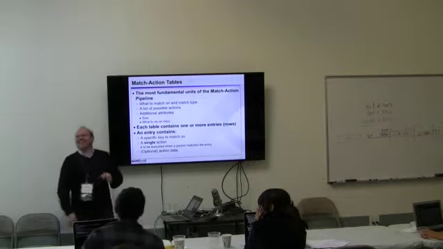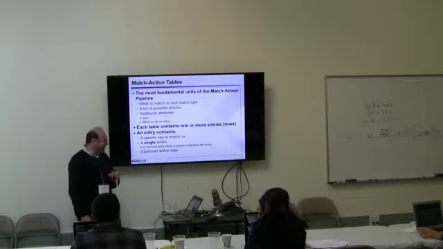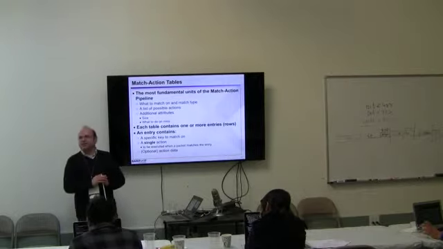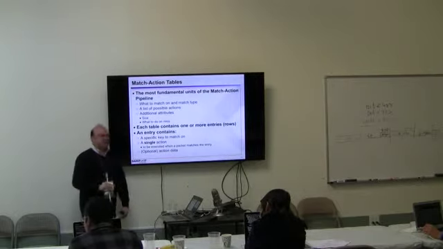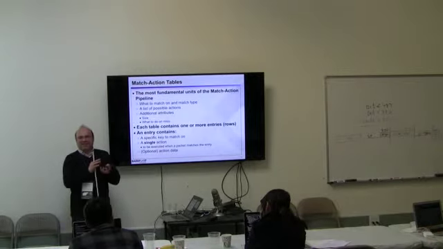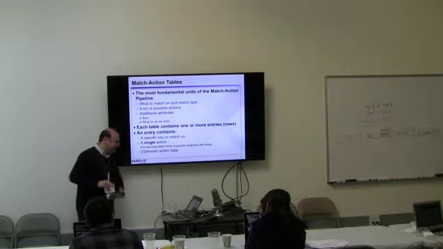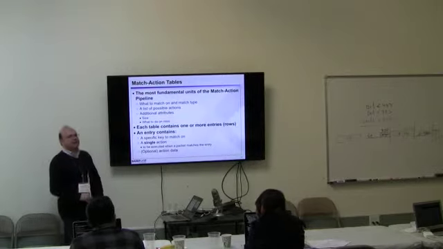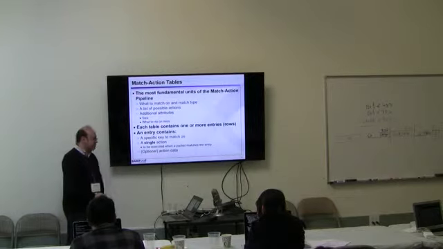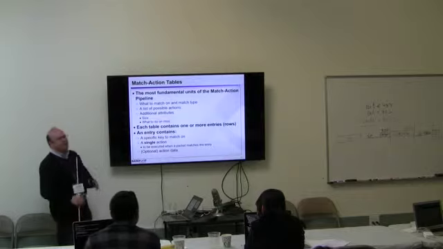This brings us to the most fundamental piece of the whole pipeline, the match action units. So we have actions. What match action units do is match certain metadata and execute those actions. Inside those match action units, we have tables. Those tables perform the match.